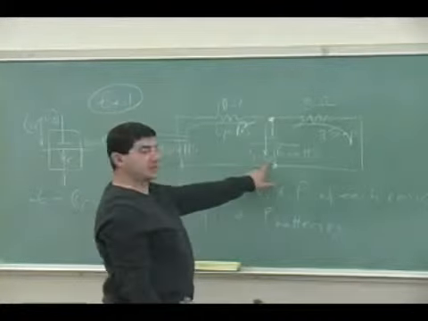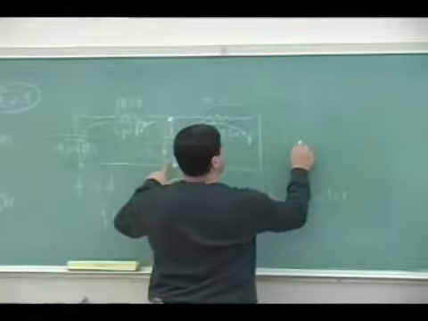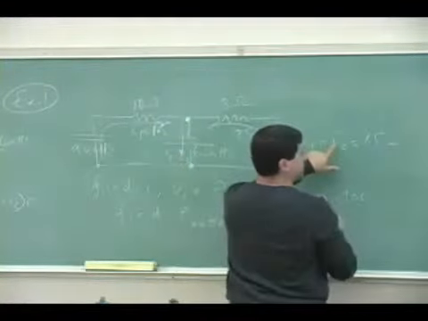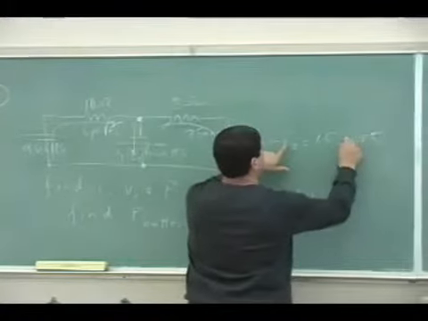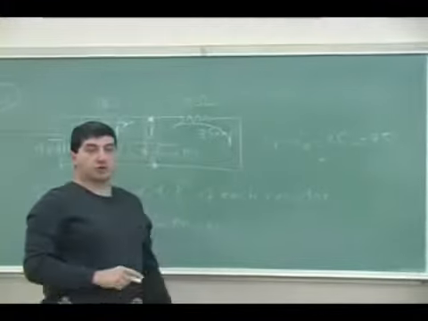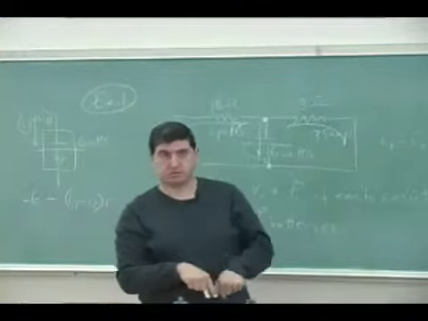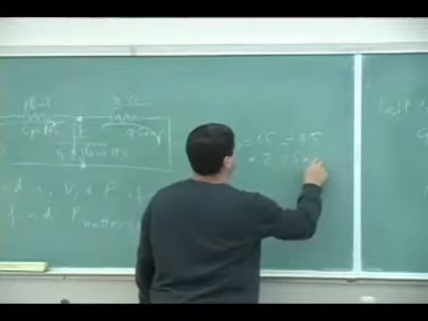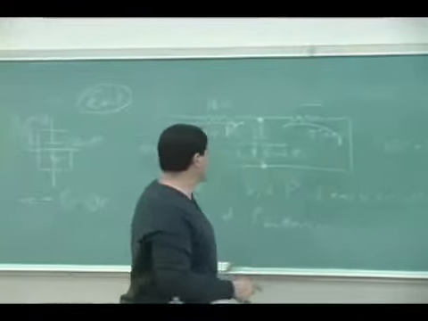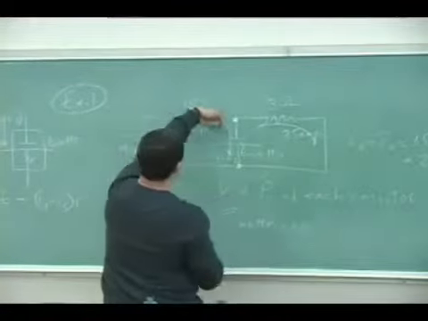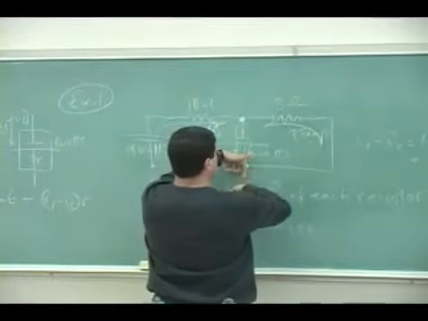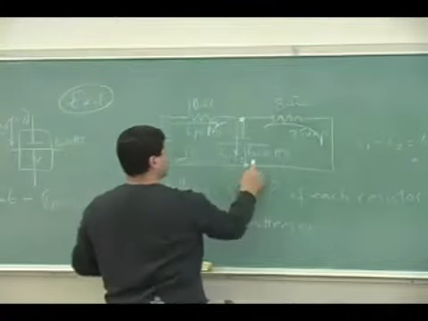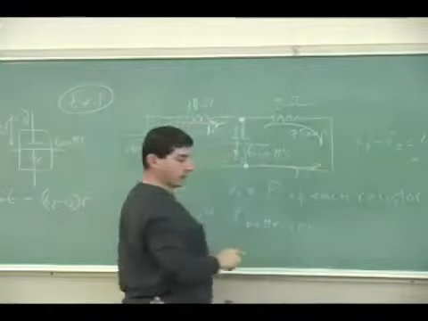I1 minus I2, so it's going to be 1.5 minus, and then I2 is negative 0.75. So the two of them are going to add up, and it's going to give you 2.25. So what's actually going to happen is you have 0.75 and 1.5, they add to 2.25, goes down, and then splits. 1.5 goes this way, 0.75 goes the other way.